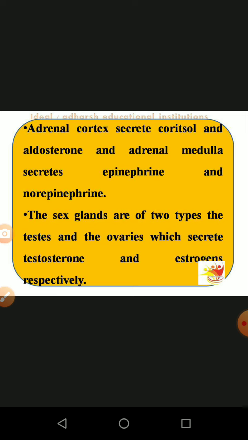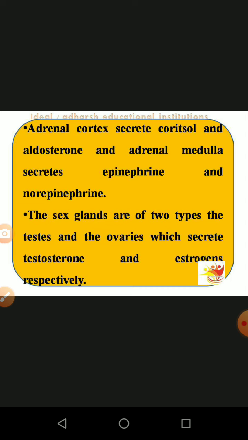And the next one, the adrenal cortex secretes cortisol and aldosterone, and the adrenal medulla secretes epinephrine and norepinephrine. Epinephrine and norepinephrine are collectively called emergency hormones, and cortisol is called the life-saving hormone. Then lastly we see the sex glands, of two types, testes and ovaries, which secrete testosterone and estrogen respectively.